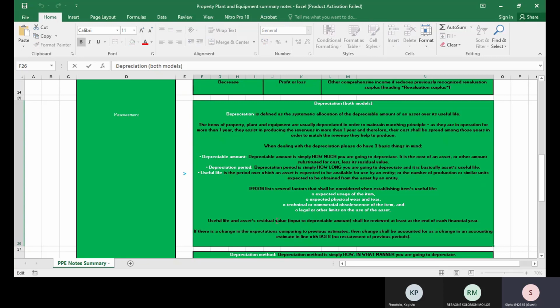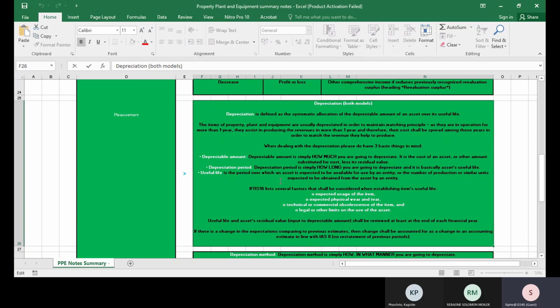And then they're saying if there is a change in the expectation compared to previous estimates, then the change shall be accounted for as a change in an accounting estimate in line with IAS 8. No restatement of previous periods. So the change in useful life and residual value is a change in estimate.